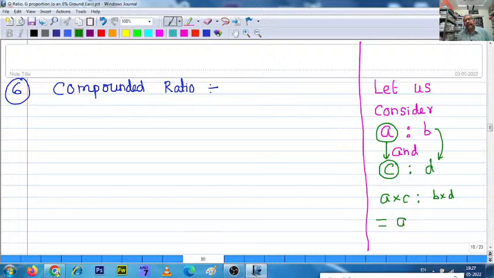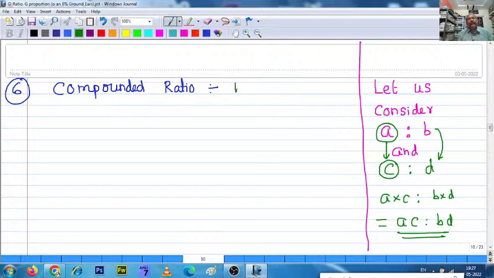This is AC is to BD, called the compound ratio of A is to B and C is to D. So the ratio obtained by multiplying the terms of the given ratios is called a compounded ratio. When two or more ratios are multiplied term wise, the result is a compounded ratio.